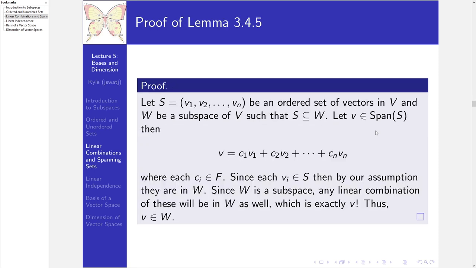Which is basically the proof. You can take any vector in the span of S. We can write it in terms of S, so this element will also be in W, which is exactly what we want to show: the span of S is a subset of W.